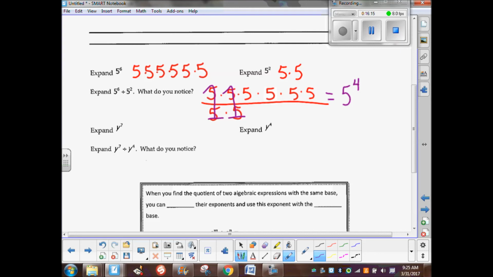Let's do this next one. Y to the 7th and y to the 4th. Means y times itself 7 times. And y times itself, how many times? 4 times. But now what if I divide them?